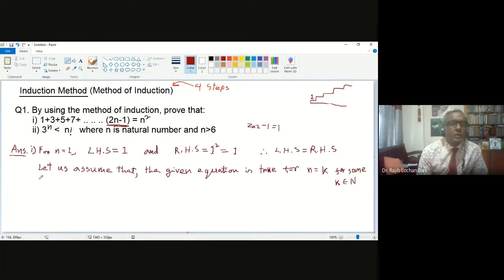Then what will happen? So we can write 1, then plus 3, then plus 5, then plus dot dot dot. So what will be the last number in this case? Left side last number.